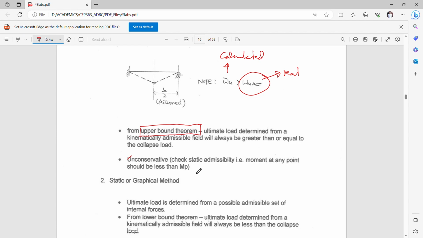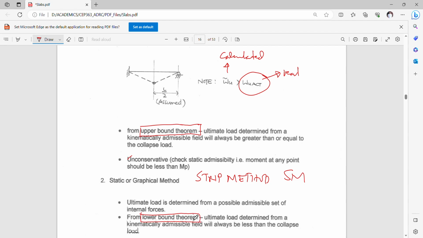So for the next method, we have the statical or graphical load method, which is actually demonstrated by the strip method that we will be discussing later. Okay, so this is the strip method, which is a lower bound criteria in terms of limit analysis.